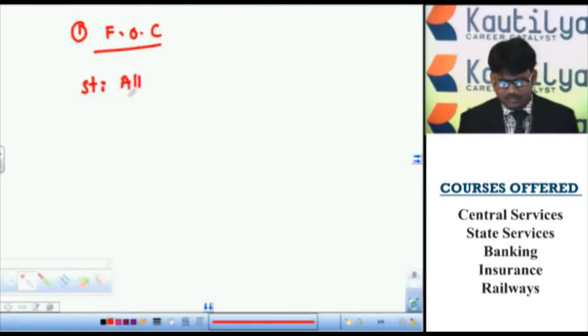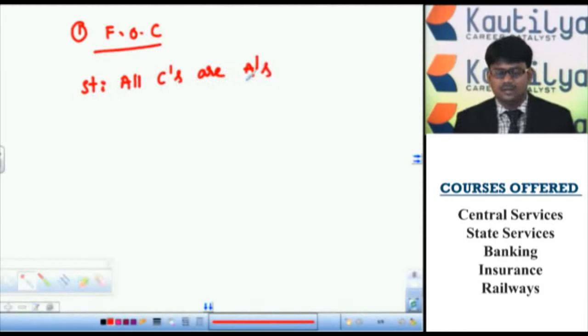Forward order conclusion. That means the first statement is here: all C's are Y's. This statement is a universal positive. It can be represented by two diagrams.